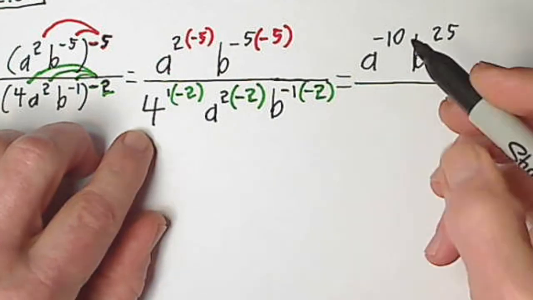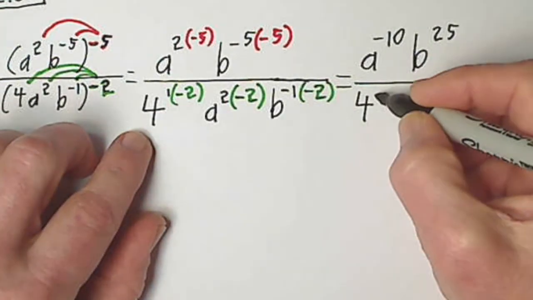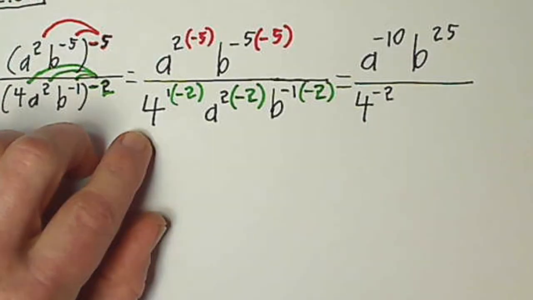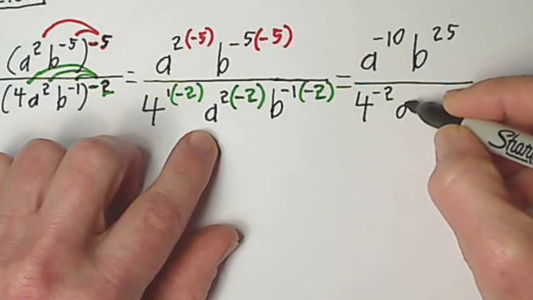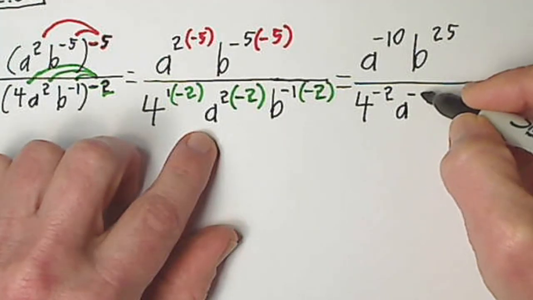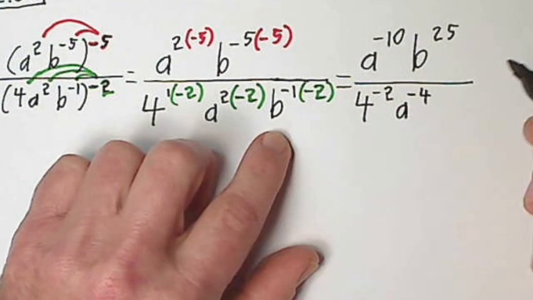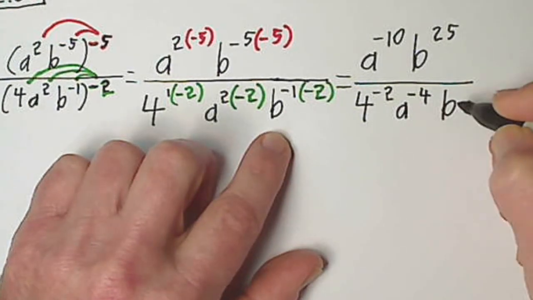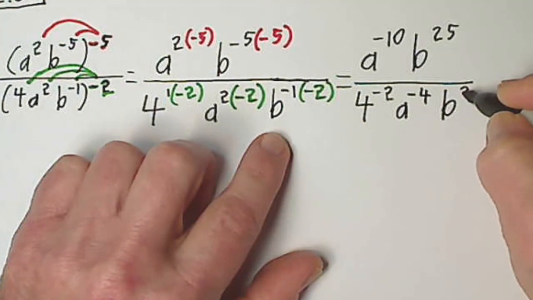Then we have 4. 1 times negative 2, negative 2. We have a, 2 times negative 2 is negative 4. And then b, negative 1 times negative 2 is a positive 2.